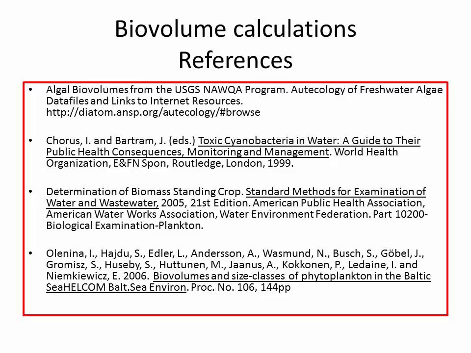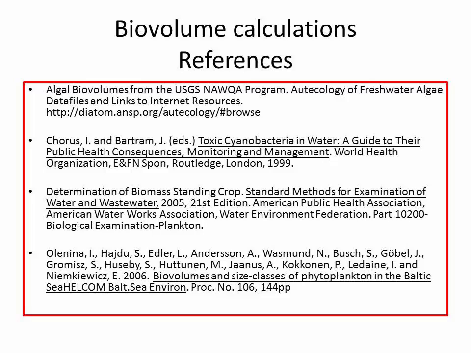Those tables, there's one from NAWQA, which is the USGS National Water Quality Assessment, on the ecology of freshwater algae data files. They will give you the tables for biovolumes. We discussed biovolumes in the toxic cyanobacteria handbook that I mentioned, but the other one that I like in particular is the biomass standing crop in the Standard Methods for the Examination of Water and Wastewater.